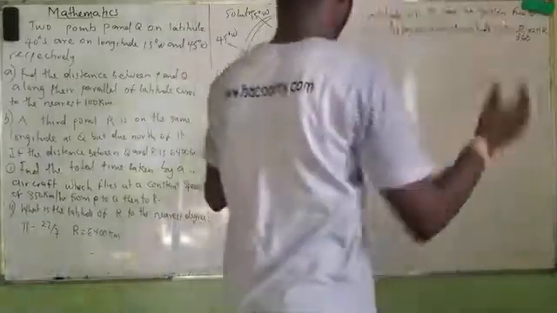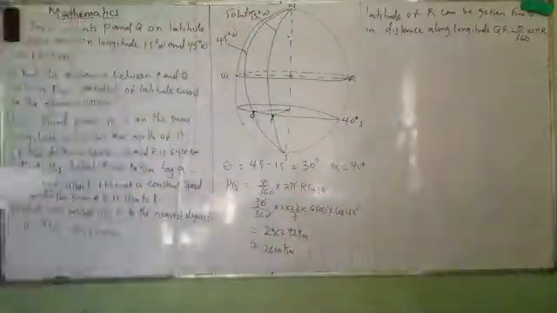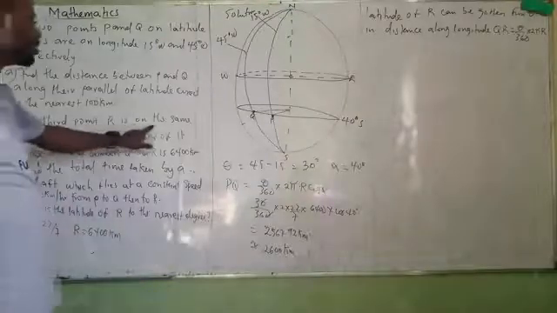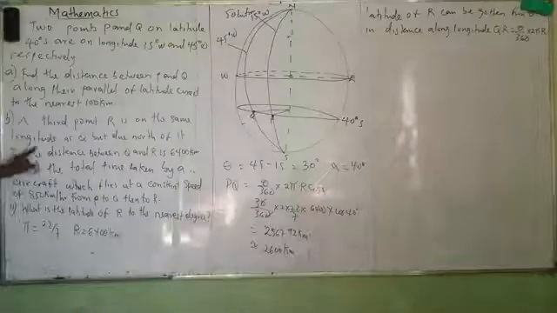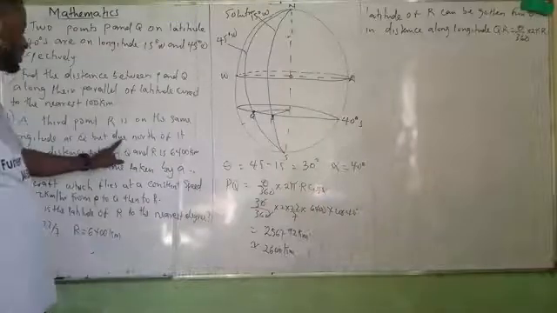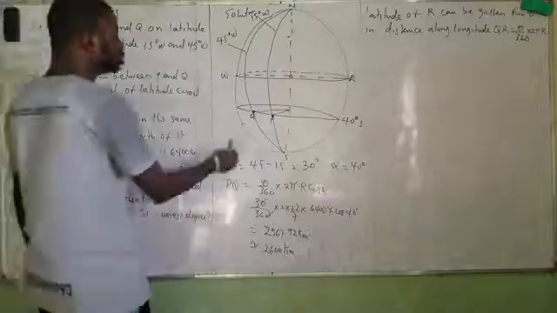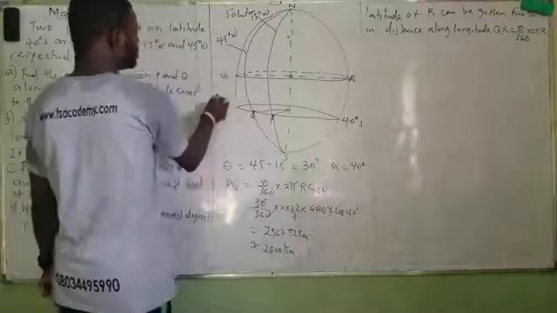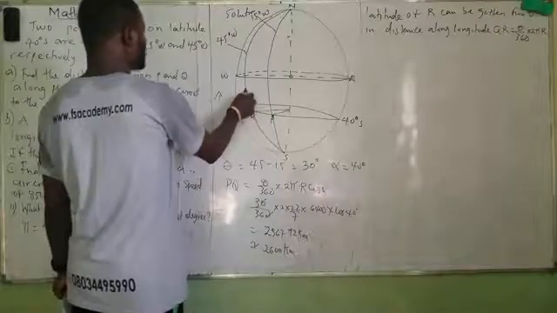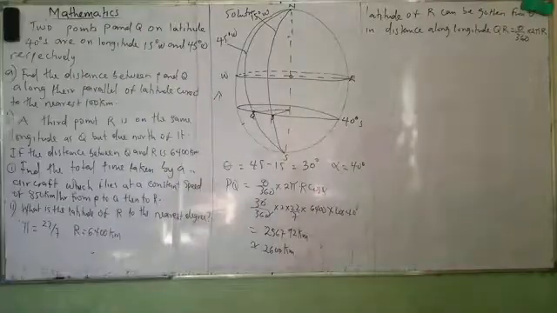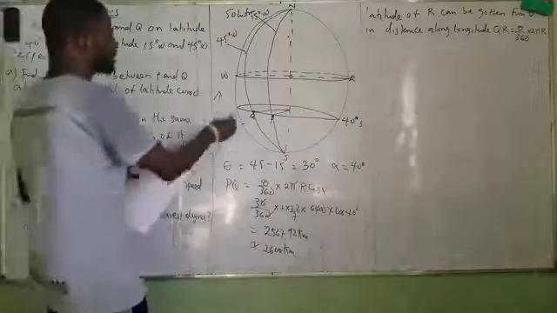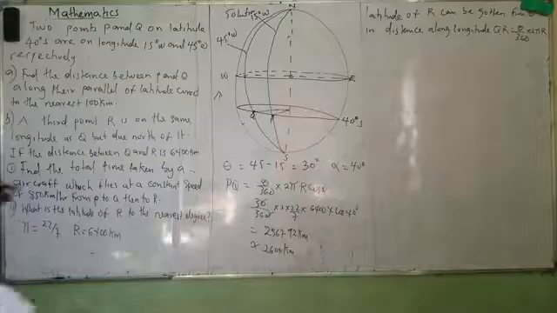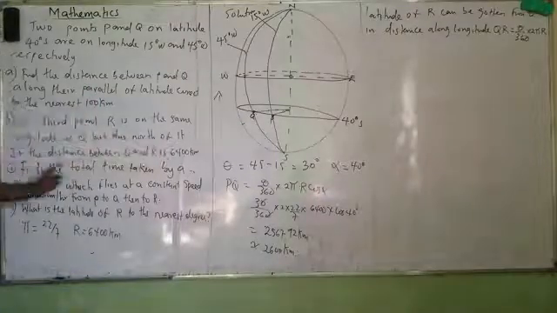Now, what I just need to understand here is that the question says that a third point R is on the same latitude or longitude as Q, but due north. It means it's moving due north. If I were you, I can decide to put it here, the same latitude as Q, that is due north.